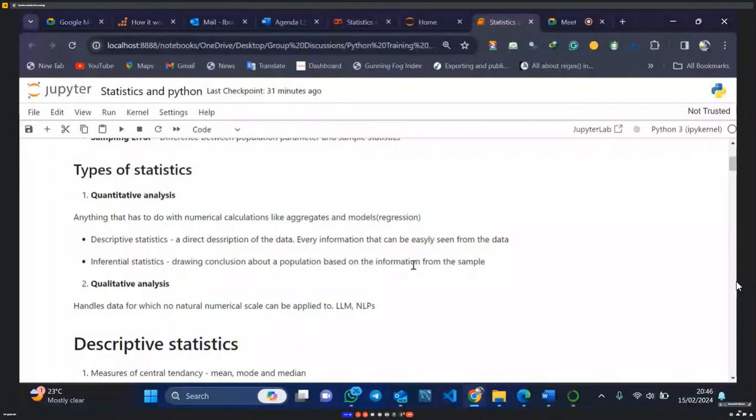Like, no gender seats, female and male. Yes, that's textual data, right? But we can still apply numeric, like, we can code it in binary, right? So the qualitative analysis, we cannot code it in any way. We cannot put numbers anywhere.